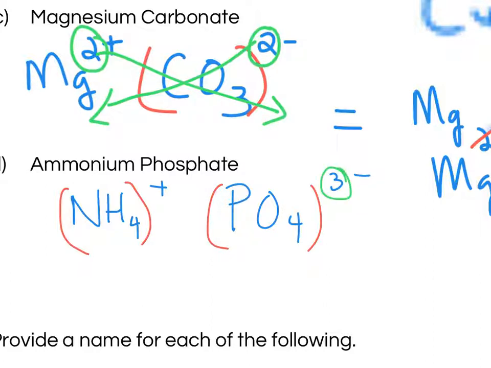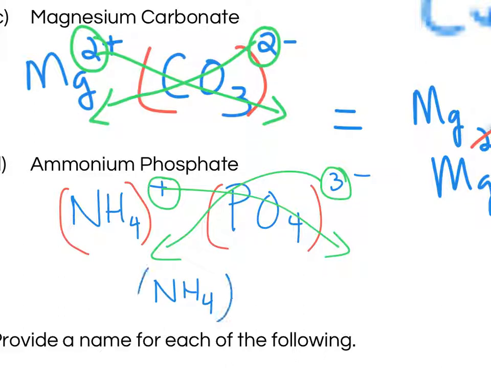So the 3 is going to come down, and the positive 1 is going to come down here. And so NH4 bracket 3, and then PO4 bracket 1. But again, as we mentioned before, that 1 in the brackets don't really need to be there because having those brackets does not change the formula at all.